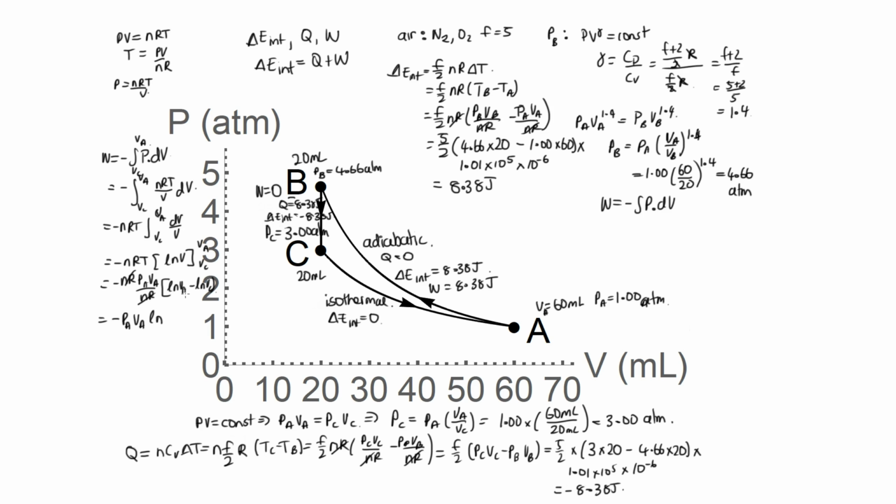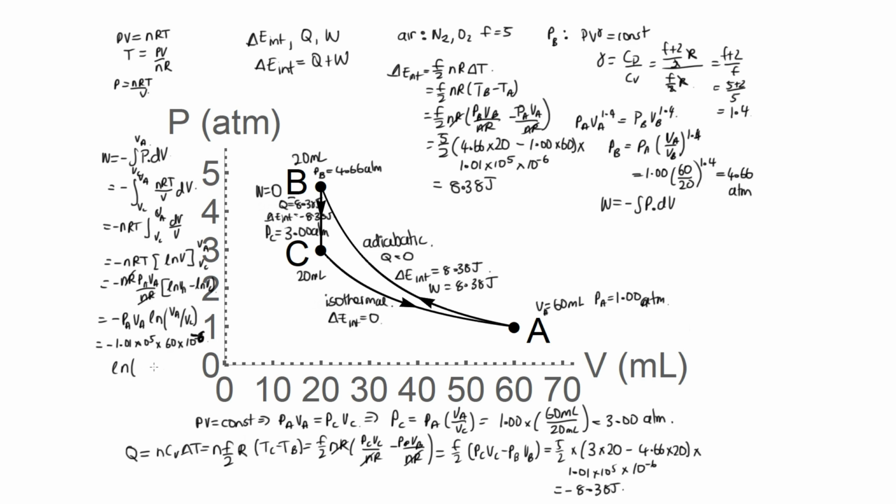Now, I don't know if you remember this, but with your log rules, if we're subtracting two logs, we can write them as a fraction inside. You don't have to do that, but this is the expression that we end up with, which is now something that we can evaluate. So P_A, that's 1 atmosphere, so minus 1.01 times 10 to the 5 pascals. And V_A, that is equal to 60 milliliters, so 60 times 10 to the minus 6, because it's milliliters. And then times log.